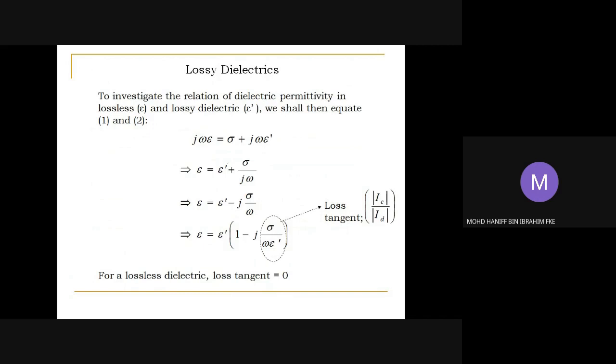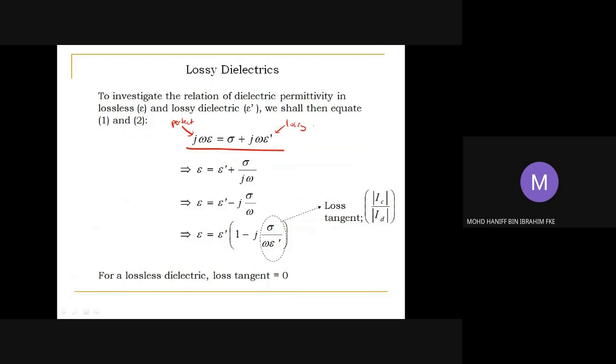When we compare these two equations, we have j omega epsilon equals to sigma plus j omega epsilon prime. Bear in mind that the left side is for the case of perfect dielectrics, and the right side is for the case of lossy dielectrics.